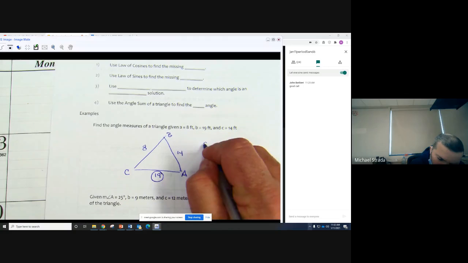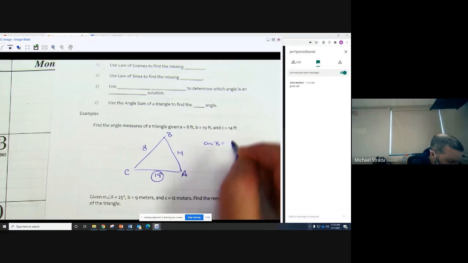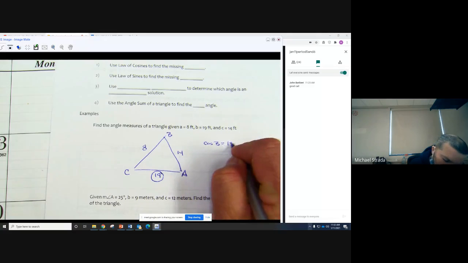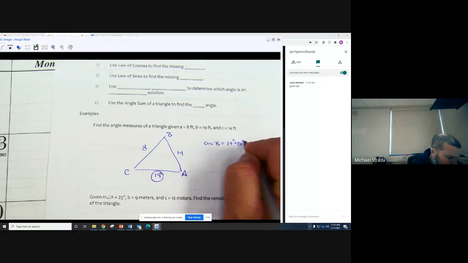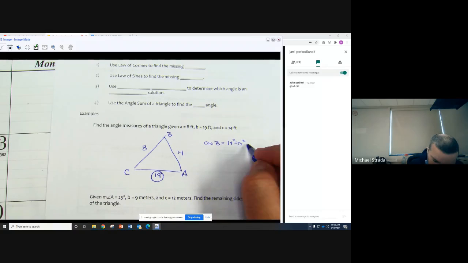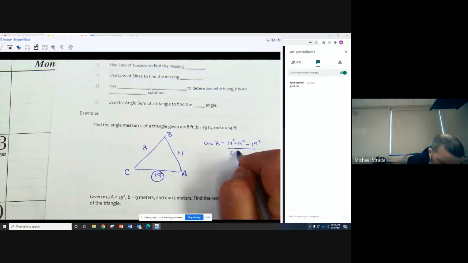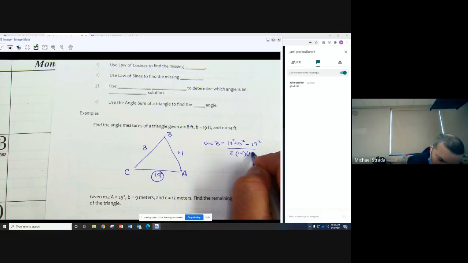So the cosine of B equals the remaining side squared, 14 squared plus 8 squared, minus the opposite side, which is 19 squared, all over 2 times 14 times 8.